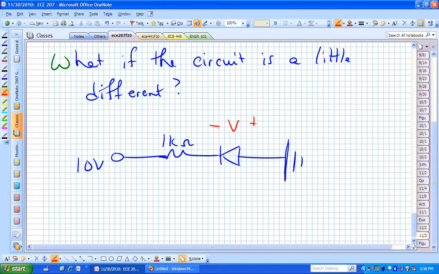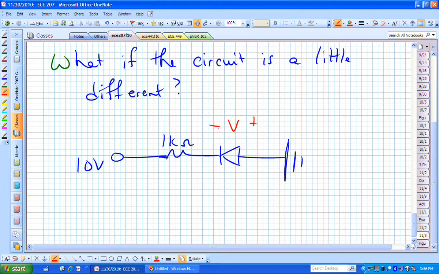We would want V to be positive in order for that diode to conduct. How we label that diode voltage is not that important. It's just we need to understand how we've labeled it, what that represents. In this case, if we had a V that's positive, then that diode should look like an ideal diode would, just a wire. It's a short circuit.